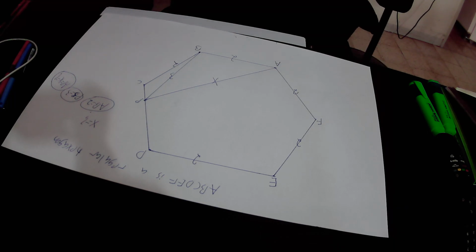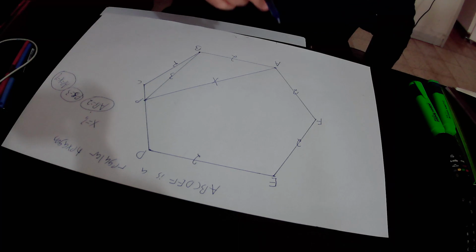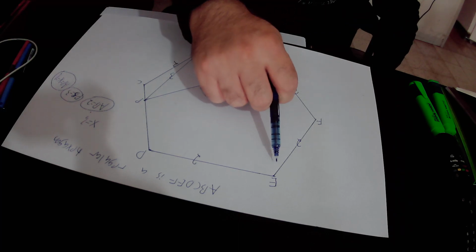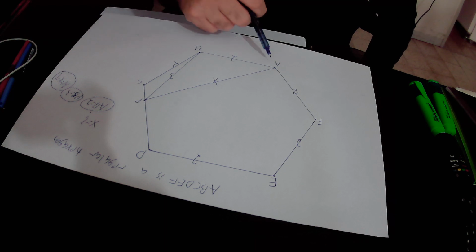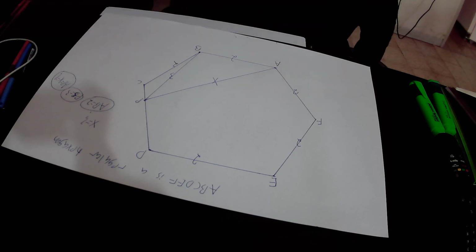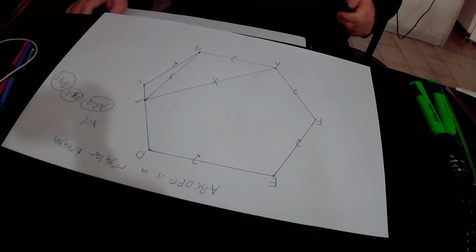And all of its angles are equal to each other. This polygon has 6 angles that are 1, 2, 3, 4, 5, 6 angles. Okay? And all the angles are equal to each other.